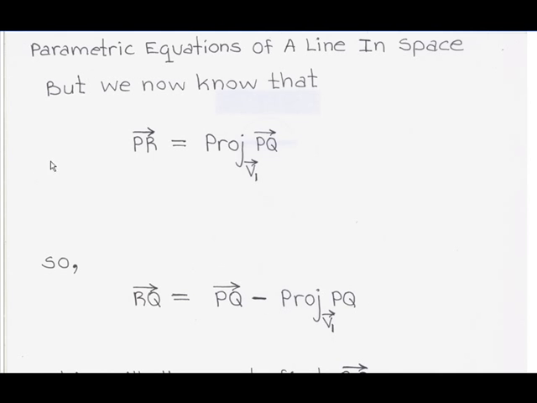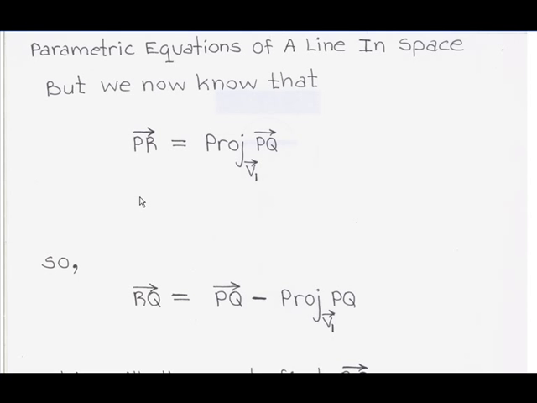Now, ladies and gentlemen, if you go back and take a look at your notes, if you copied them as I asked you to do, we know that PR was equal to the projection of PQ on the vector V1. This is an essential piece of information. So I'm going to stop here for a while and ask you to go back and look at your notes.